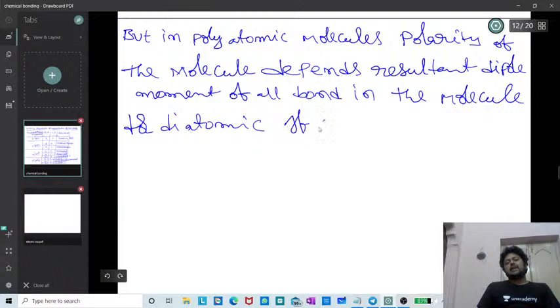For example, for diatomic molecules, if delta EN is not equal to 0, then delta mu is not equal to 0.